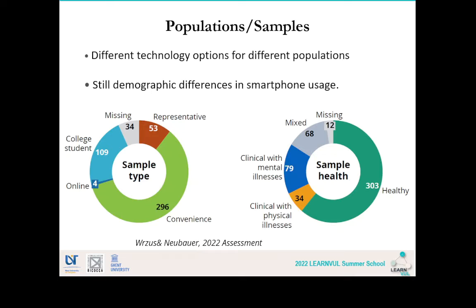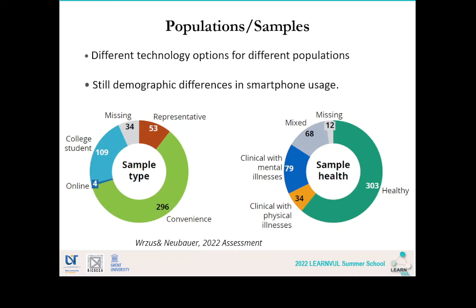Surprisingly, I was surprised that it was not that. But the advantage of ESM studies is that they are out of the lab, so you can reach other populations more easily.